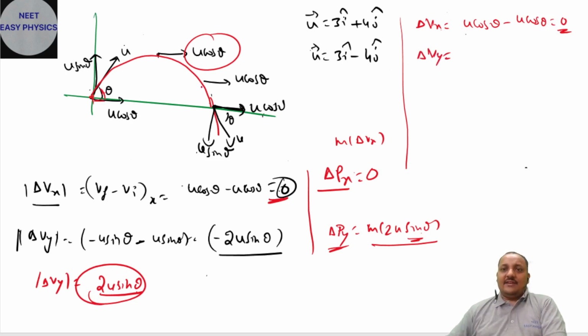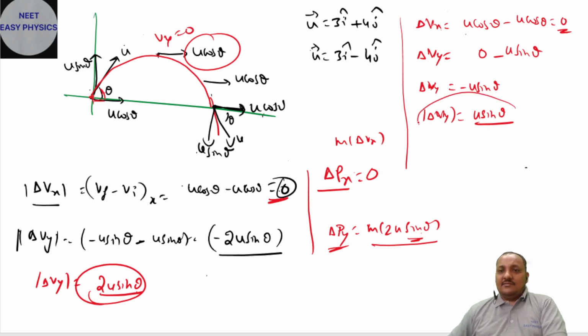Delta Vy is going to be 0 minus the vertical velocity at the point of projection, u sin theta. So the change in velocity is minus u sin theta. The magnitude of change in velocity is u sin theta. This is after reaching maximum height, that is, in the time of ascent.